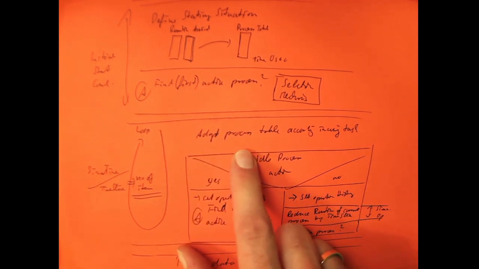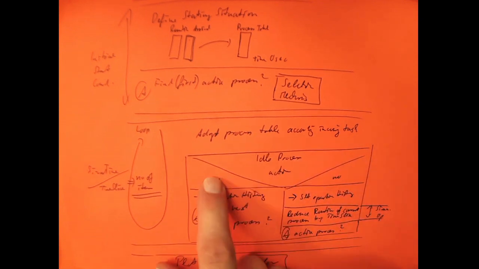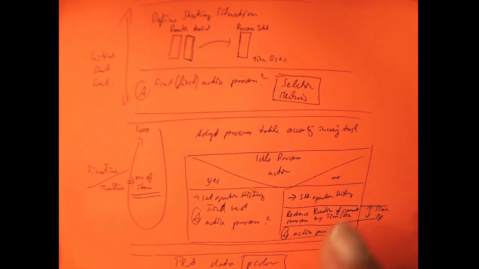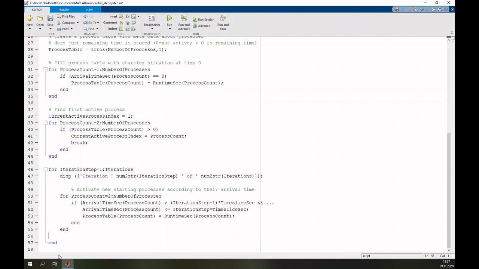We adapt the process table according to new incoming processes. And then we do a selection, idle or non-idle, to do the next steps. This is exactly what we want to do now. In a first step, we check if there are new incoming processes. In our case, it will not have any effect because there will be no further process, because all processes are activated at the time 0.